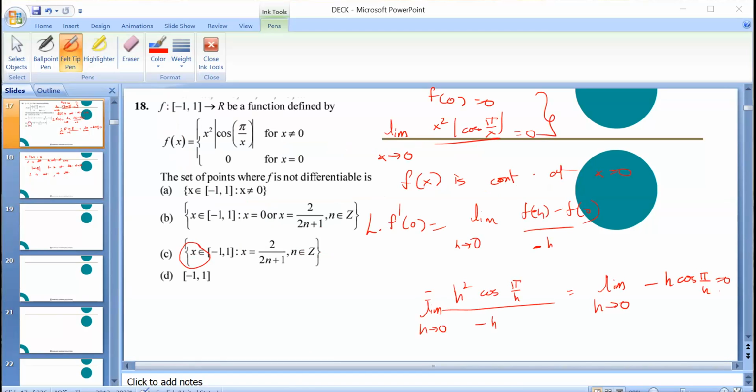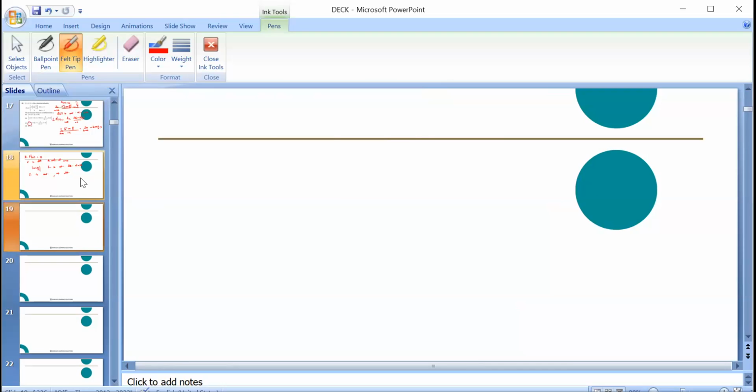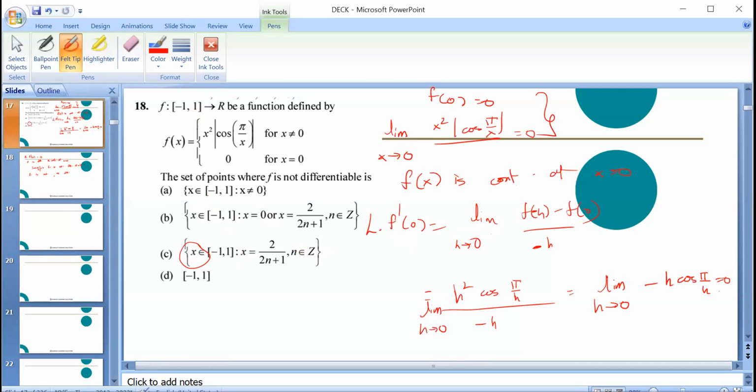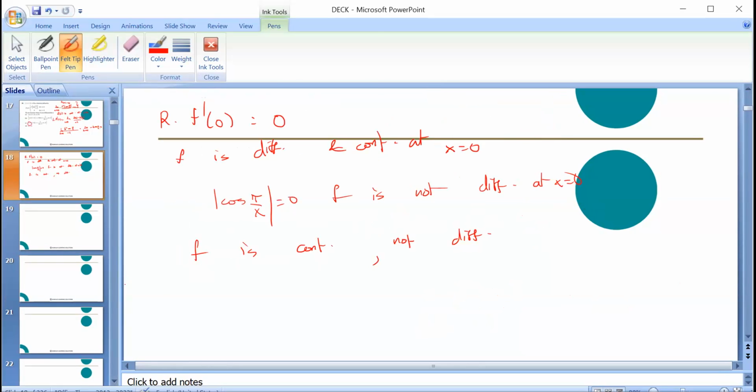Because f of x is not differentiable if mod of cos pi by x will be 0. That means cos pi by x is 0.